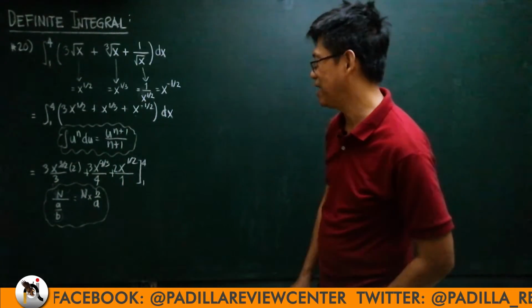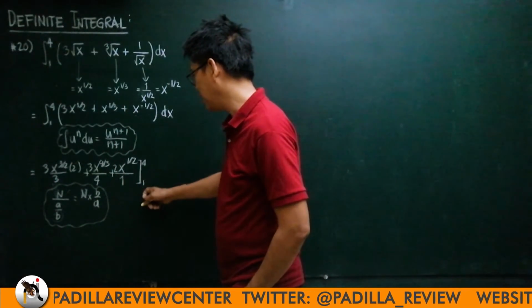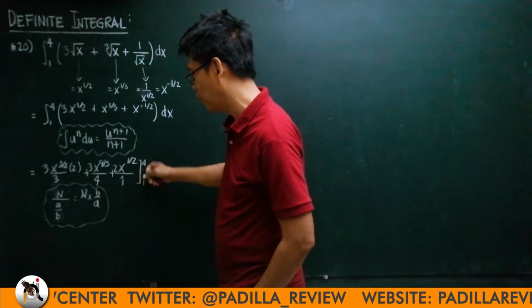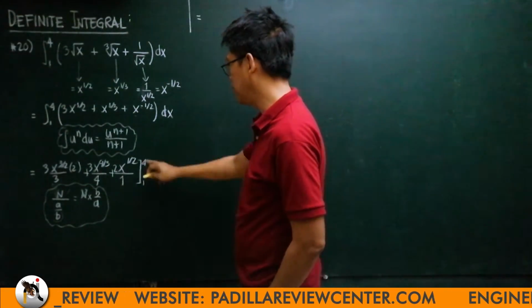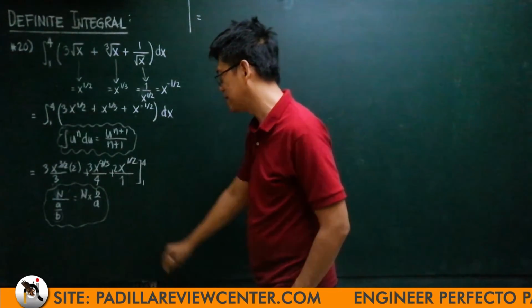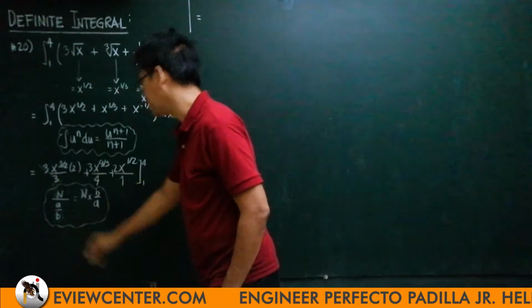Okay? Okay. So evaluating it from limits 1 to 4, this is going to be equal to, substituting the upper limit for x, this cancels out.